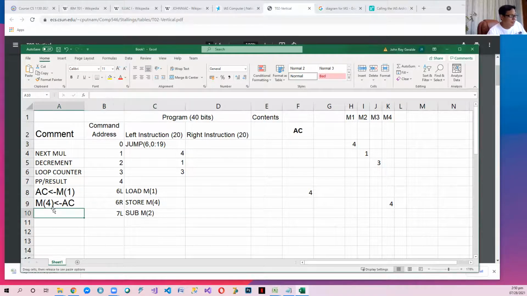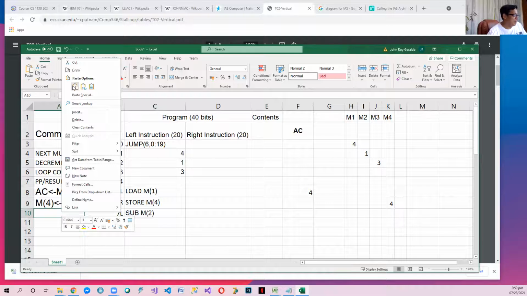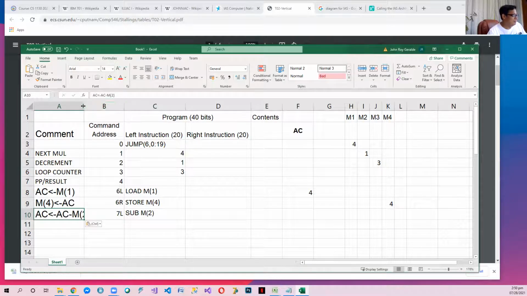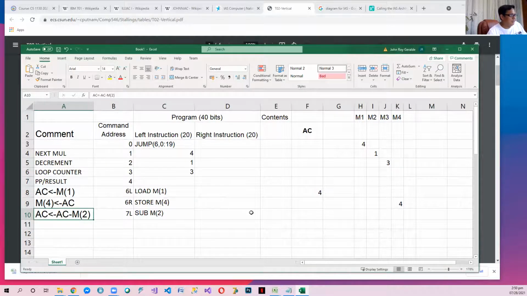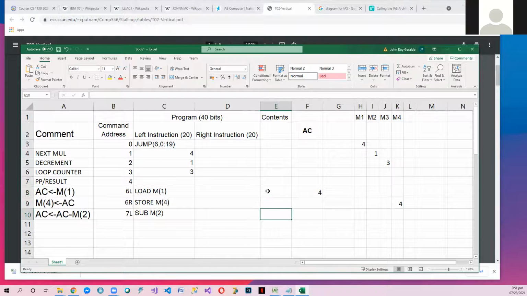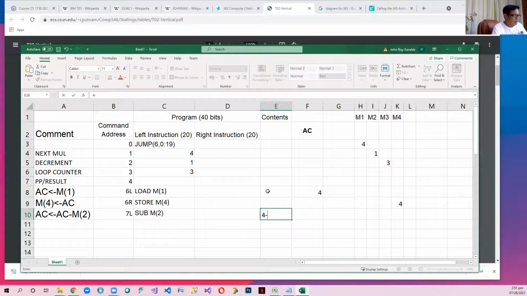I'm copying it from the previous code, no? By the way, if you're wondering, I'm typing fast. Sub M2, AC receives. So what will be AC? Contents. Anong contents nito? Load M1. So anyway, we know what it is. What is sub M2? We know that this is M4, 4 minus 1.